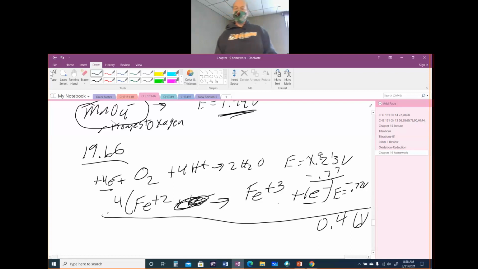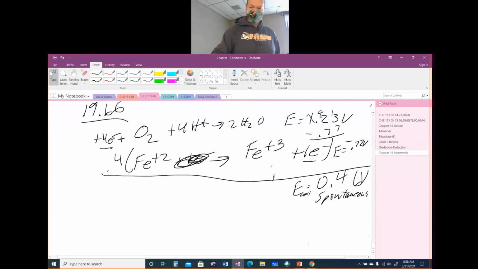All right, and so that E value is positive, that is spontaneous, this reaction occurs. That is spontaneous in the forward direction. So spontaneous means you're forming products. So yes, the oxygen will oxidize your iron plus 2 to iron plus 3.